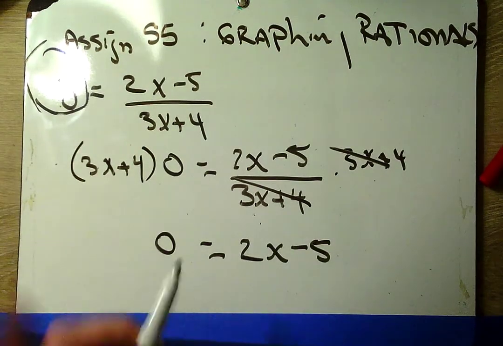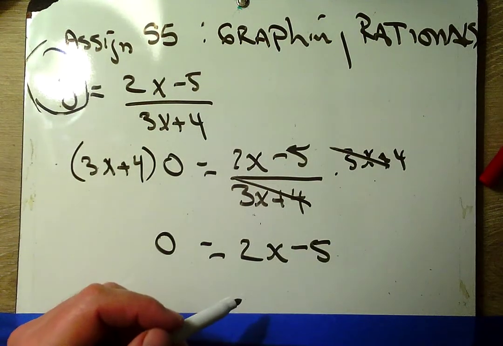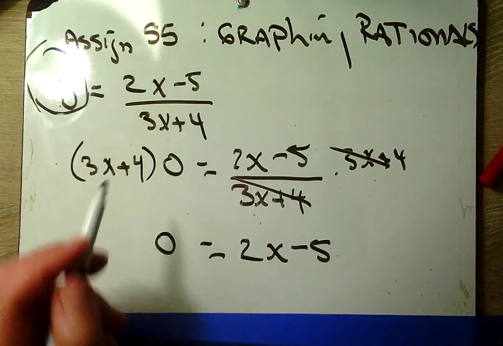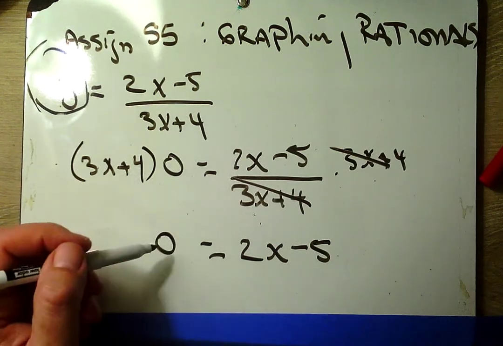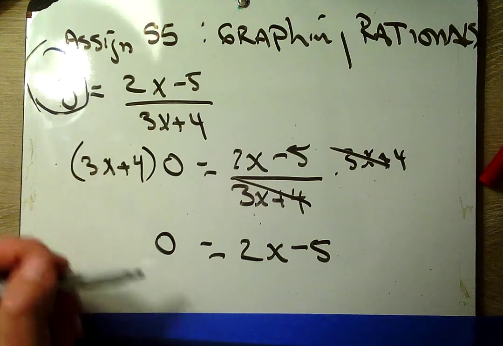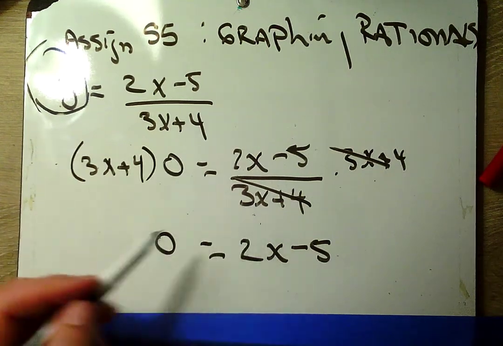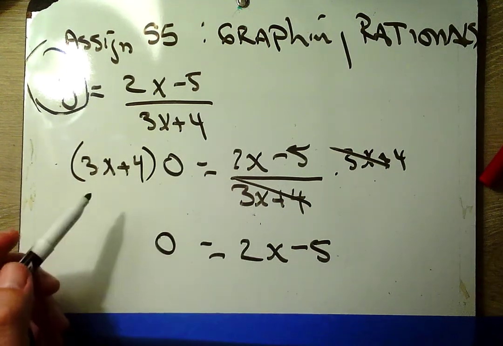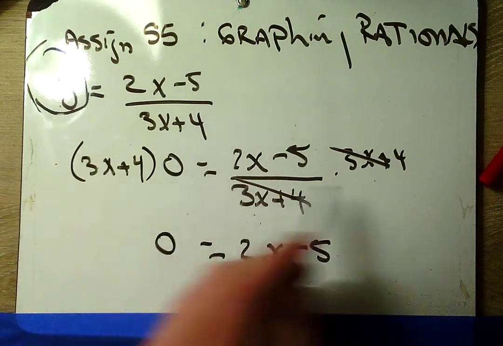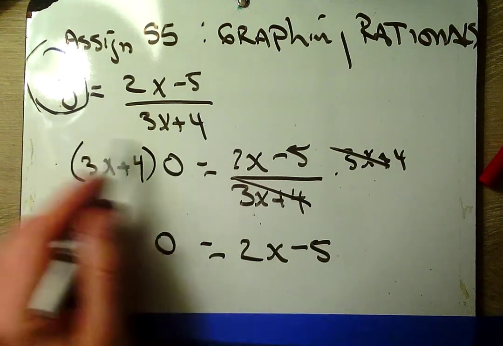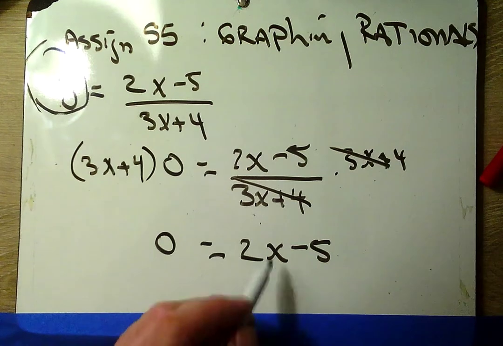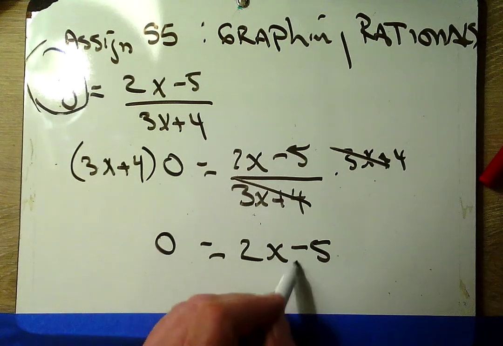So before we go further and actually write down what the x-intercept is, what played a role in finding that x-intercept? Did the denominator play any role in deciding where the x-intercept was? No. Denominator canceled right out and became 0 on this side. It's only the numerator. Don't forget to add 5.